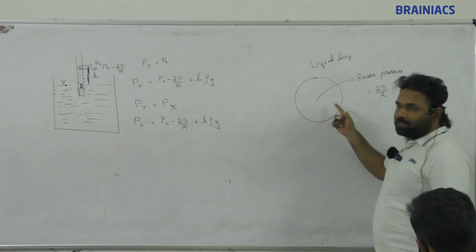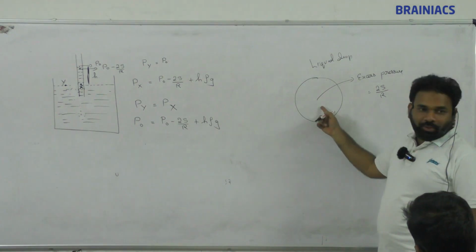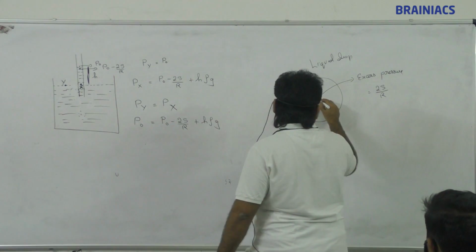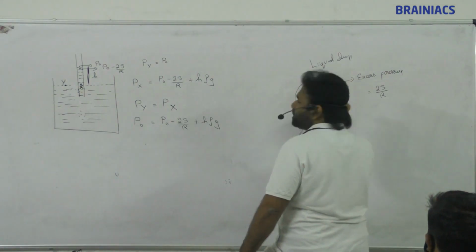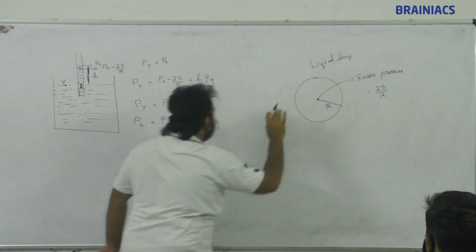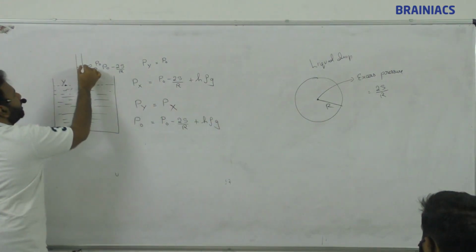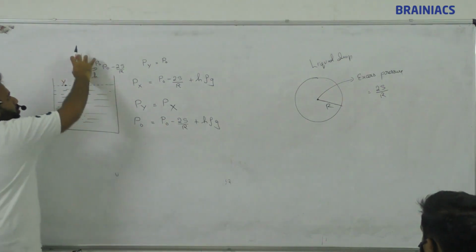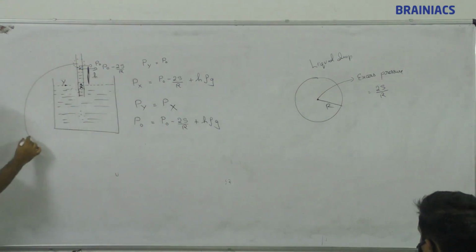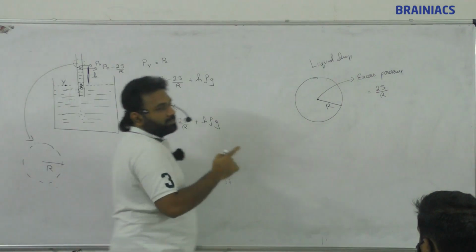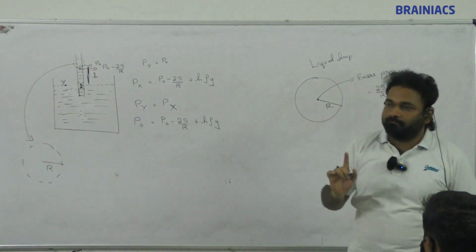So this r is the radius of the liquid curve. Zooming into this, this capital R is the radius of the meniscus.